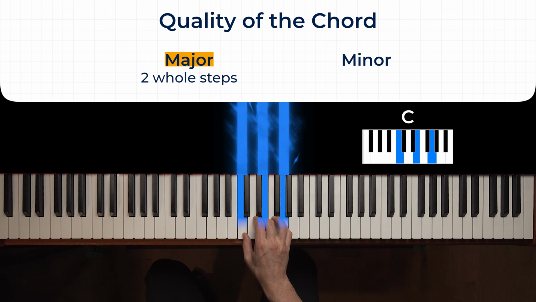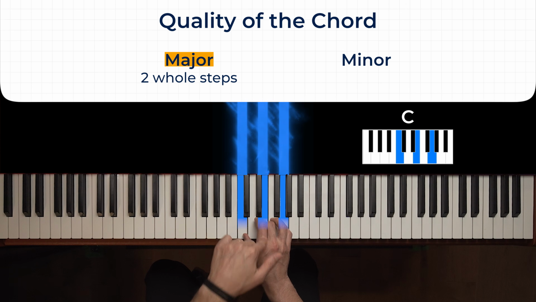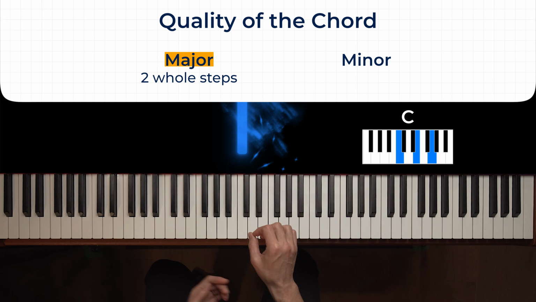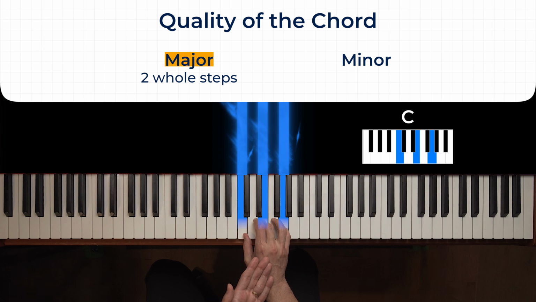When you have a chord, the distance between the first note and the third note, 1, 2, 3, is 2 whole steps. This is called a major third. That means the last name of this chord is gonna be major. So C major.